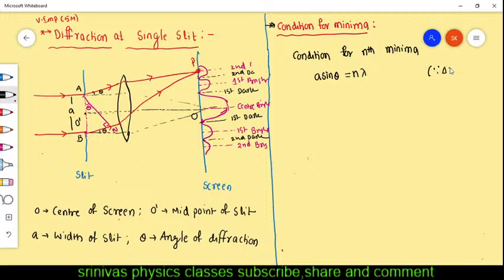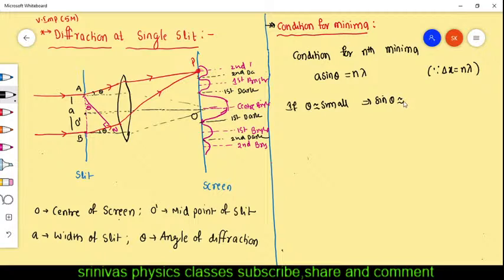Previously you took it as interference, the condition for the bright band. But now we have to take it for the dark band. Path difference, we know previously, a sin theta is equal to n lambda. For the nth minima, the nth dark band, it is a condition. Directly you have to remember. If theta is small, we write sin theta as theta.